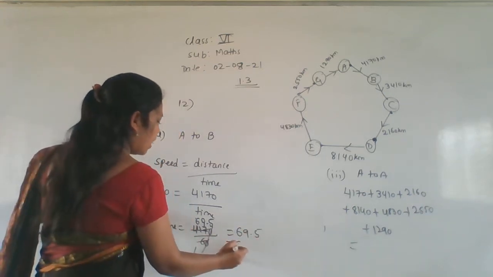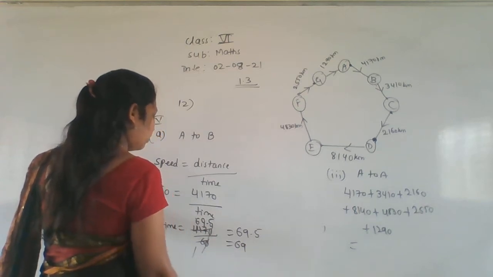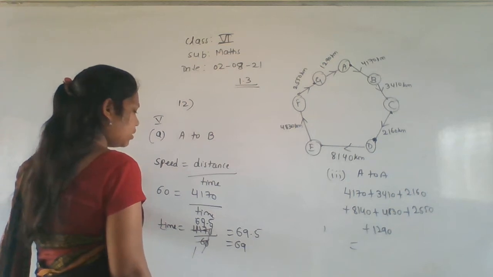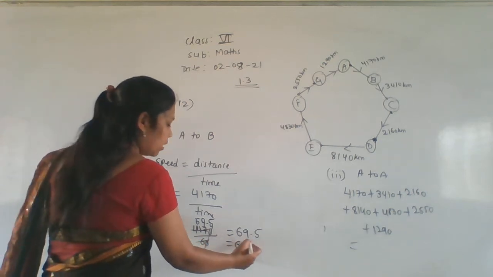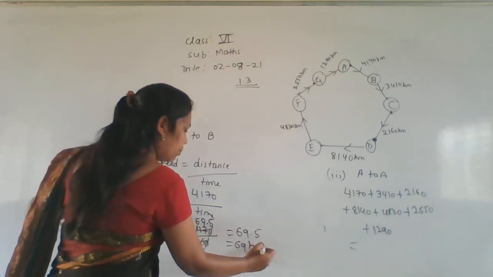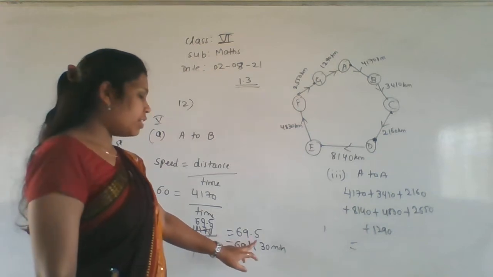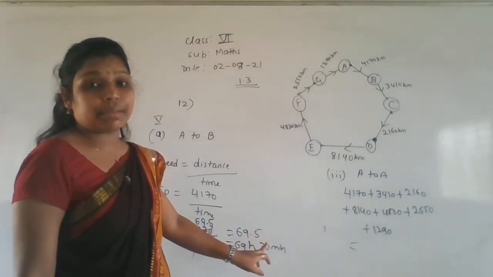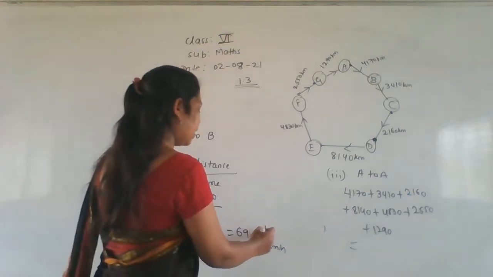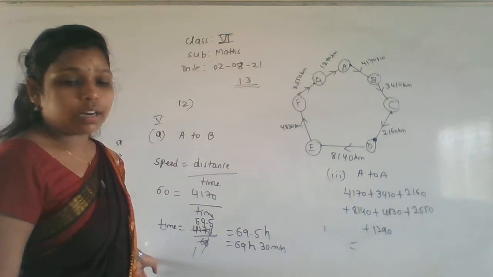Means 69 hour, I think. 69.5 hour means it is 69 hour 0.5, something but what? 30 minutes. Okay, 69 hours 30 minutes. Getting everyone? 69.5 hour it is nothing but what? 69 hours 30 minutes. Like that we have to solve everything.